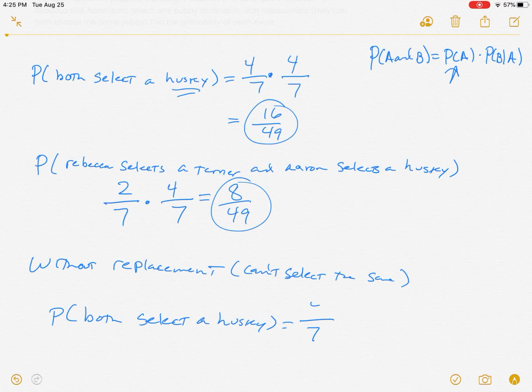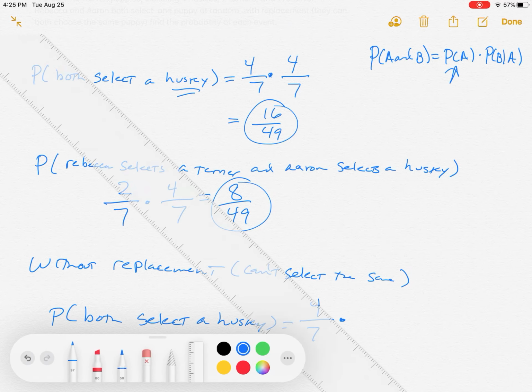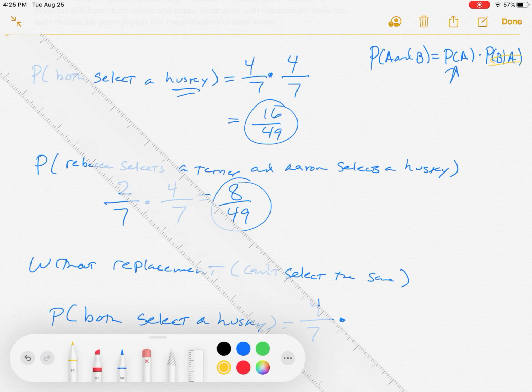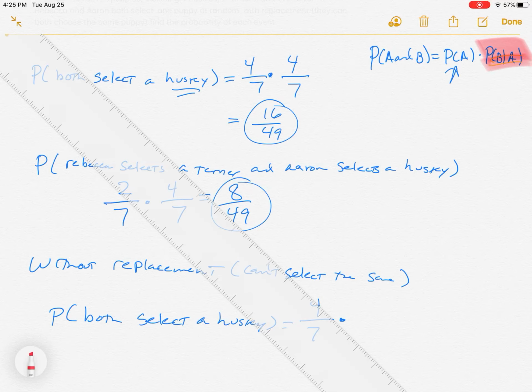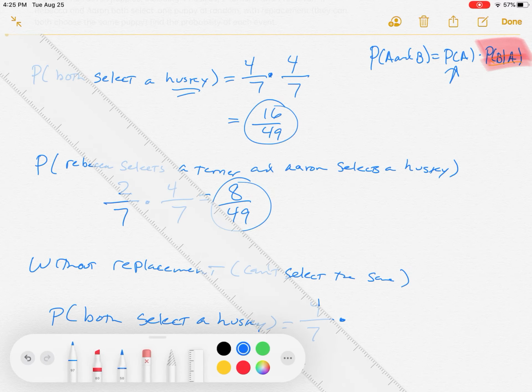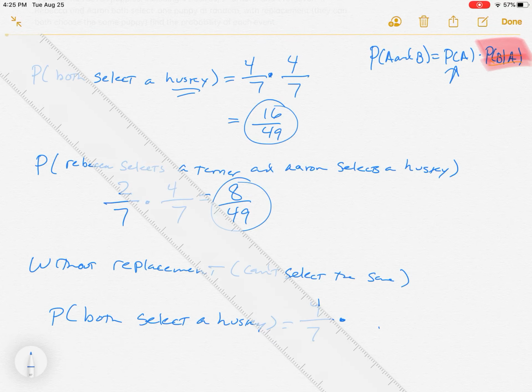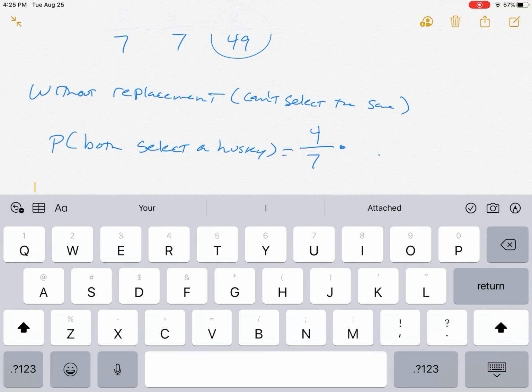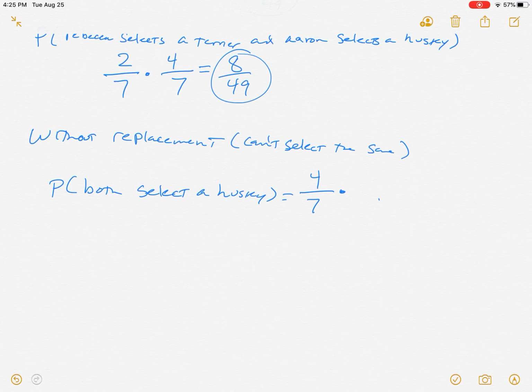Well, there's 7 dogs present, 4 of which are huskies. And now we're getting to this part of the formula here.